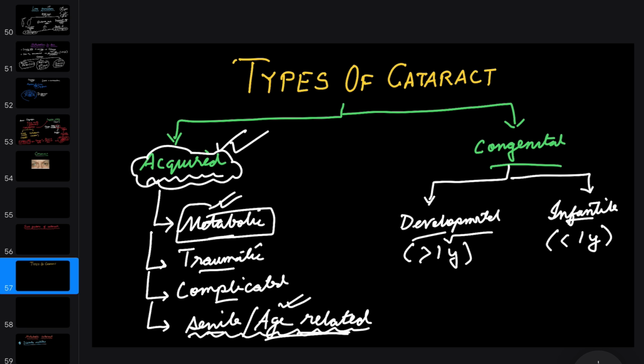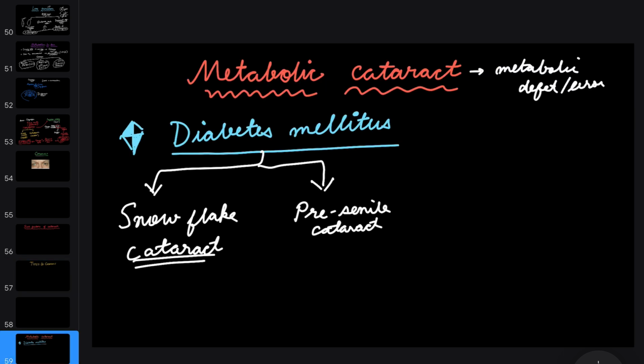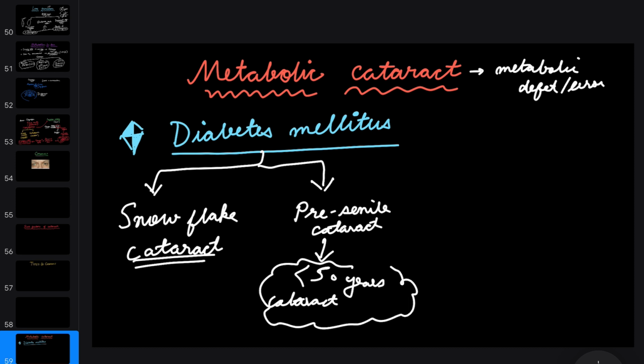Okay, so what does pre-senile mean? Pre-senile, before senile. Pre means before. So if you call someone senile when that person is at or above 60 years of age, pre-senile means the cataract that develops at about 50 years, or rather before 50 years of age, but it is due to age-related problems.